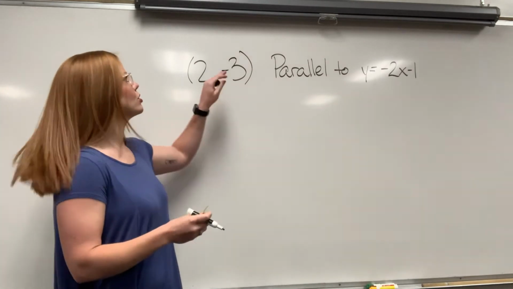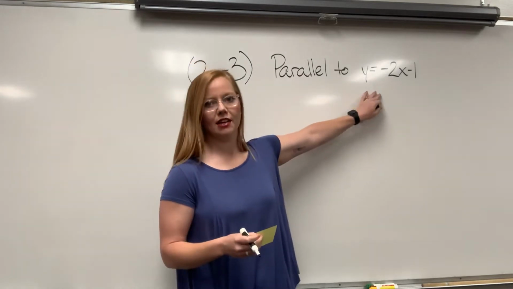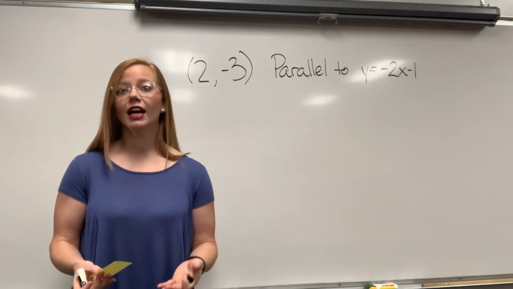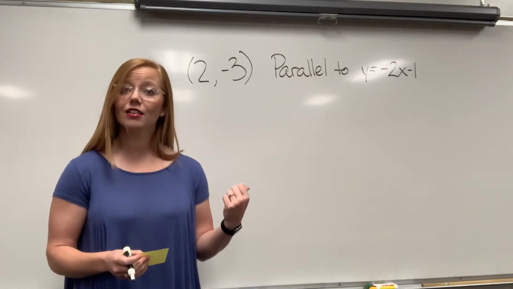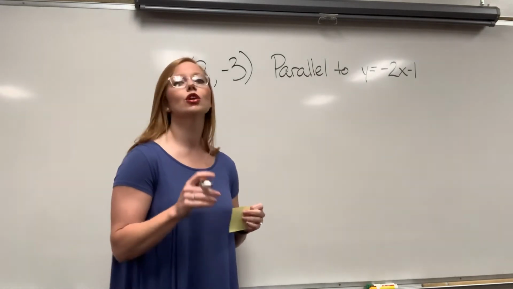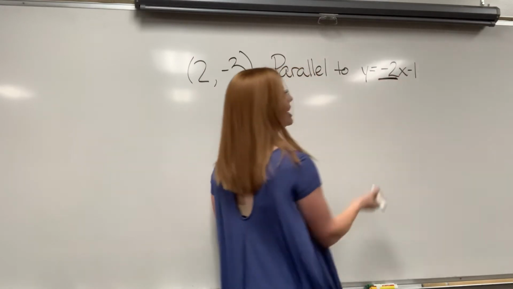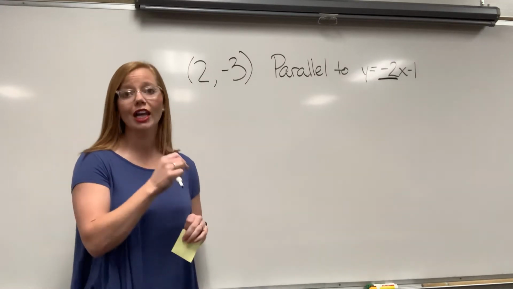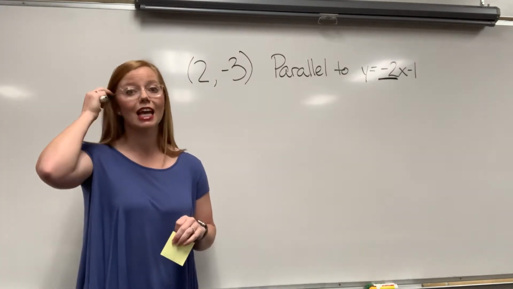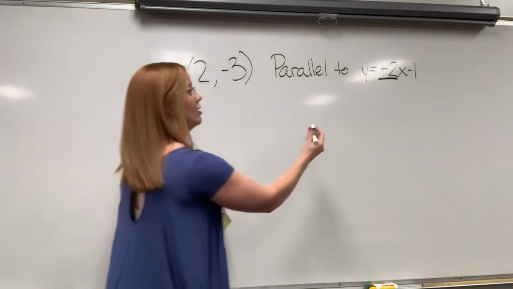They're going to tell you it goes through this point, but you want it to be parallel to this line. We just talked about parallel lines have the same slope. So my first step is to identify the slope in this line. So all I care about is right here, because that's the slope. I don't need that -1, that's the y-intercept. All I care about is parallel lines have the same slope. So we're going to use that slope.